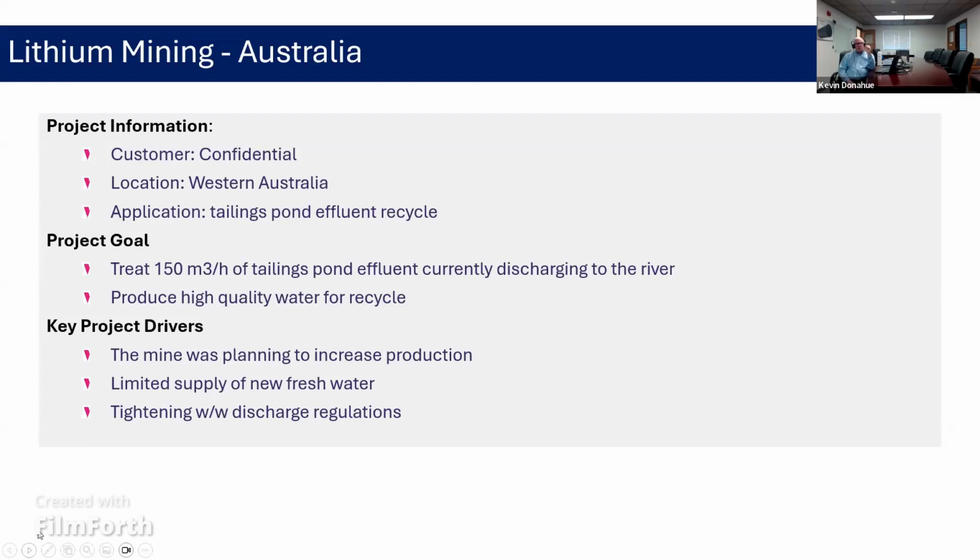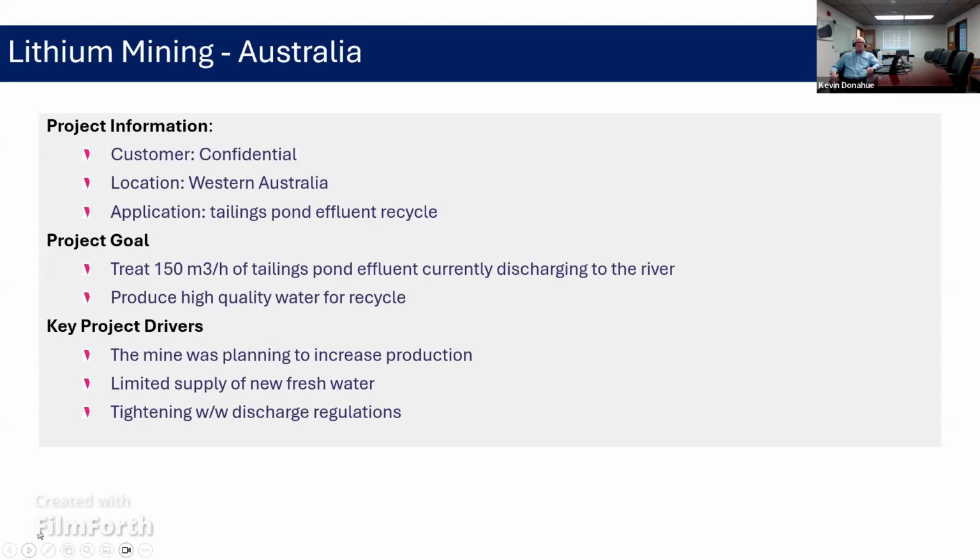What happened at this plant was that the local EPA was very strict, and the mine was not able to get access to fresh water, and they weren't able to generate any new wastewater. It would not be allowed. So they went to a solutions company to obtain a water recycling plant that would allow them to reuse the water from their tailings pond.